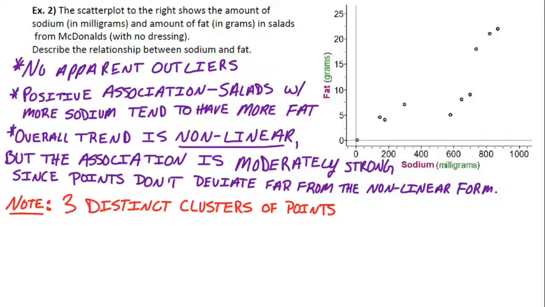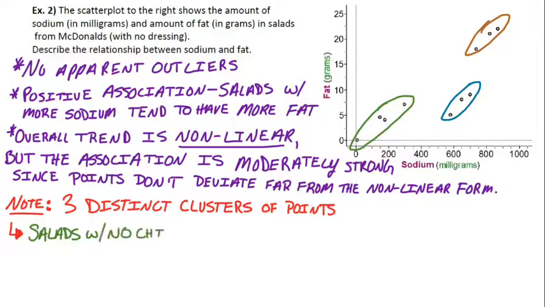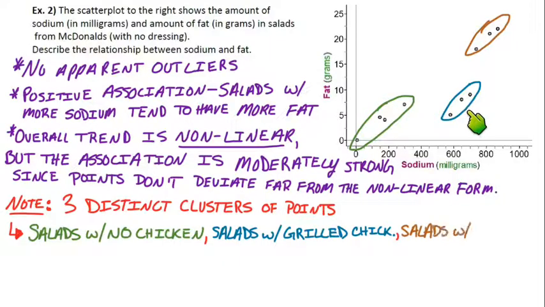Okay, so there's 3 distinct groups. I'm going to color code them. This group's green, blue, orange. If you look at the menu, you probably figure this out yourself. But in green, that's the salads with no chicken at all. So no fat, no sodium. Blue, that's a salad with the grilled chicken. Orange, that's a salad with the fried chicken.